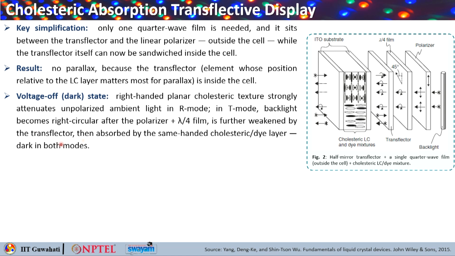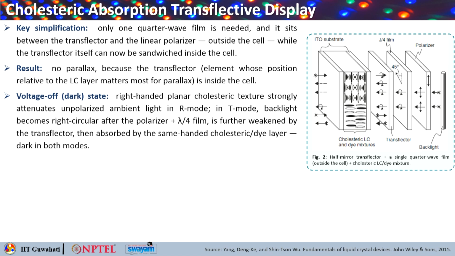This also eliminates the parallax problem, because parallax arises from a spatial offset between where light enters and exits the pixel and where it is redirected, or reflected, by the transreflector, when there is a thick layer like a substrate between the liquid crystal switching layer and the transreflector.